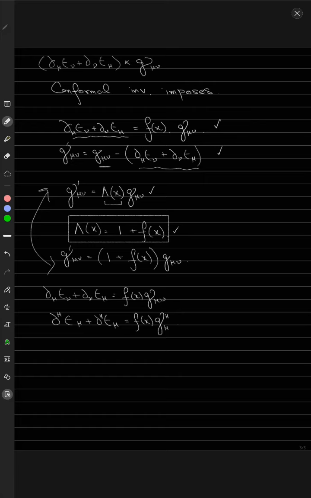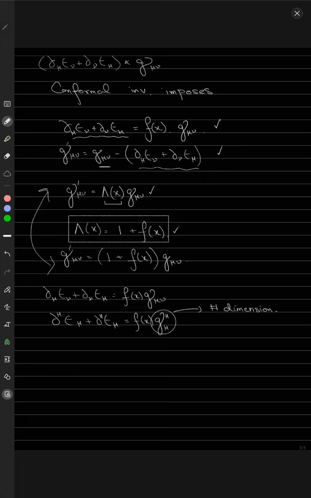But what do we know about this thing? This thing just gives you the number of dimensions of the space where this metric tensor is defined.